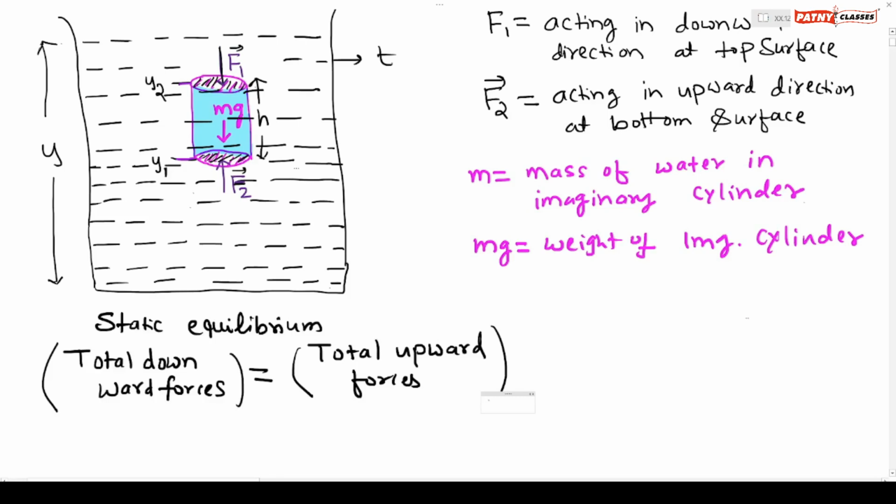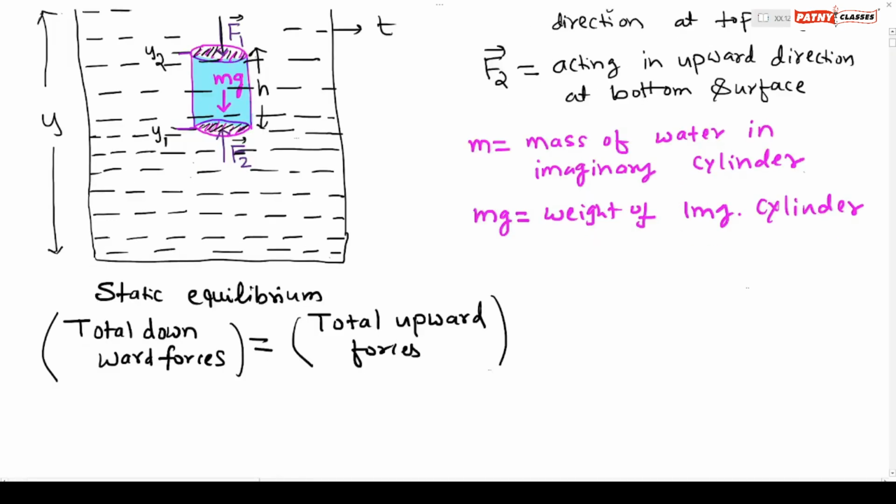So for static equilibrium, total downward forces equal total upward forces. So total downward forces, that is F1 plus mg, equal total upward forces, F2. So F1 plus mg equals F2.